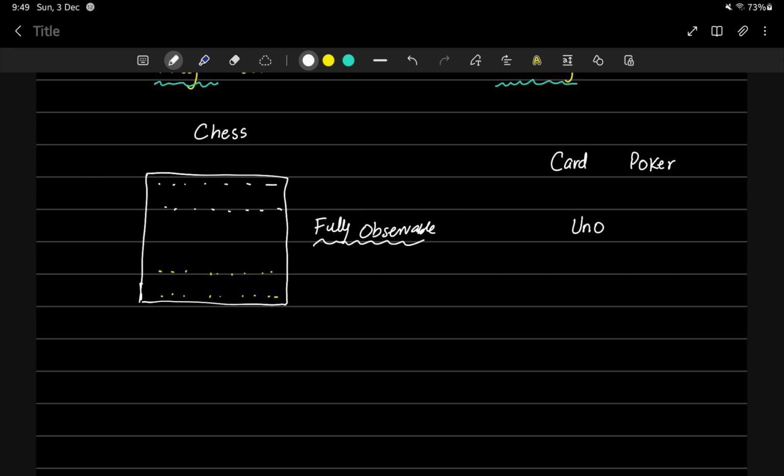Each player holds private cards, and opponents do not have complete information about each other's hands. So you do not know about your enemy's cards, and your enemy doesn't know about yours. So this is a partially observable environment, right?